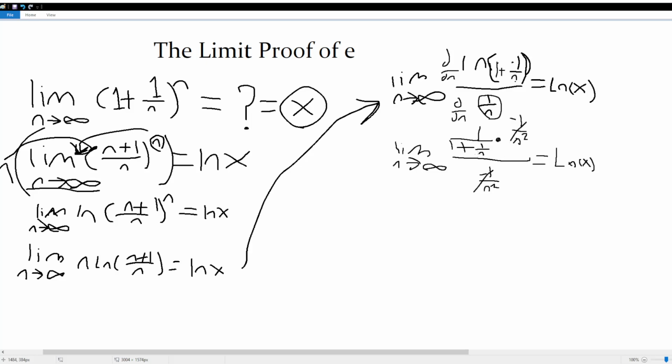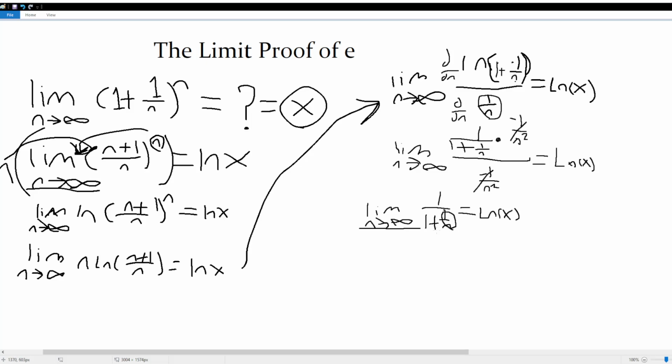Which, if you don't know, you can kind of figure this one out. This is a limit you actually can evaluate. As n approaches infinity, 1 over n approaches 0.